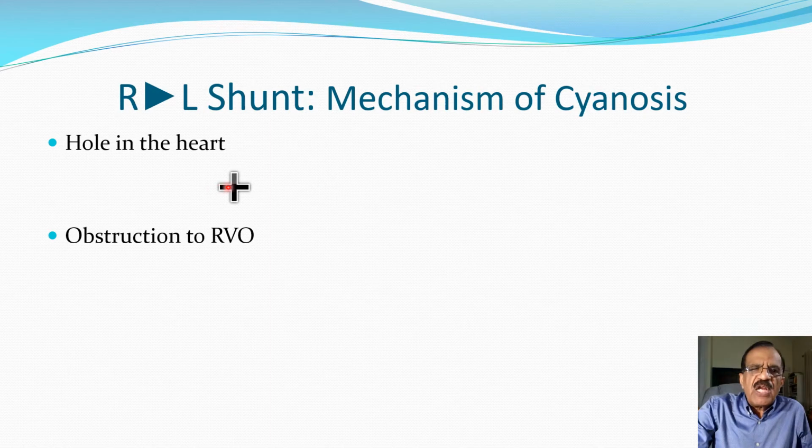But if there is additional obstruction to the right ventricular outflow, only then pressure in the right side can exceed the pressure in the left side, and there could be right to left shunt. So there are a number of conditions where this can happen, and I'm going to discuss them very briefly, but we will only take Fallot's tetralogy, one of the conditions of right to left shunt, in more detail. All we just mention for the sake of completion.